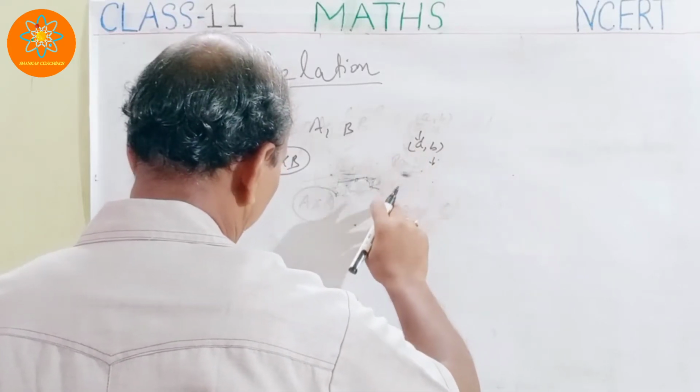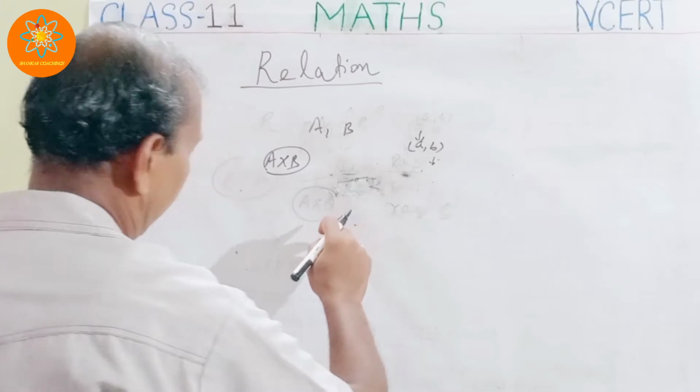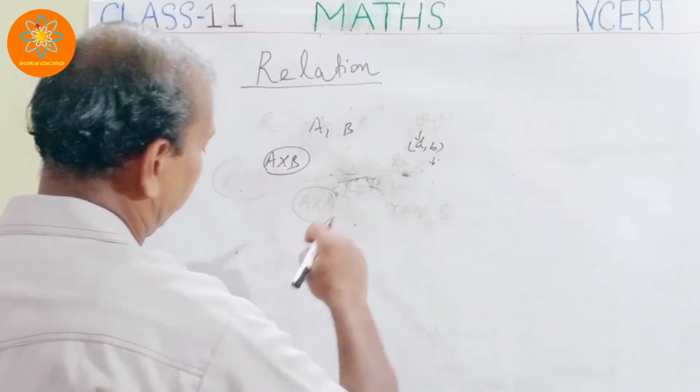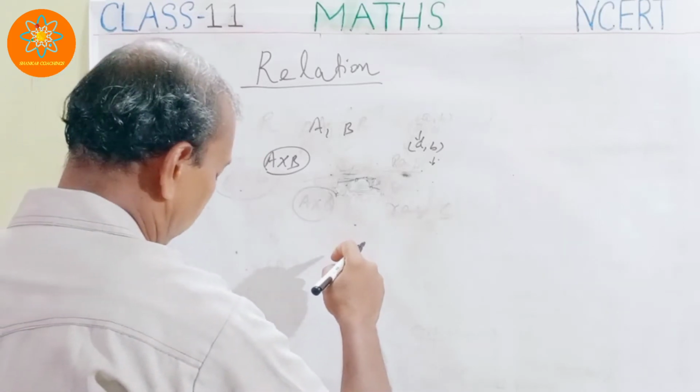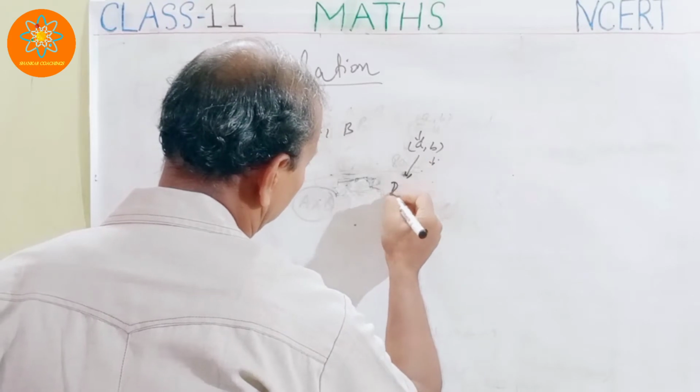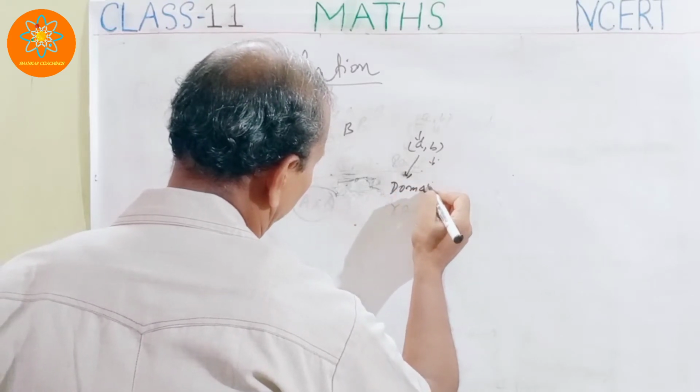Now if you take the first elements in the ordered pairs of the relation R from set A to set B, this is called the domain. All the first elements will be called the domain.